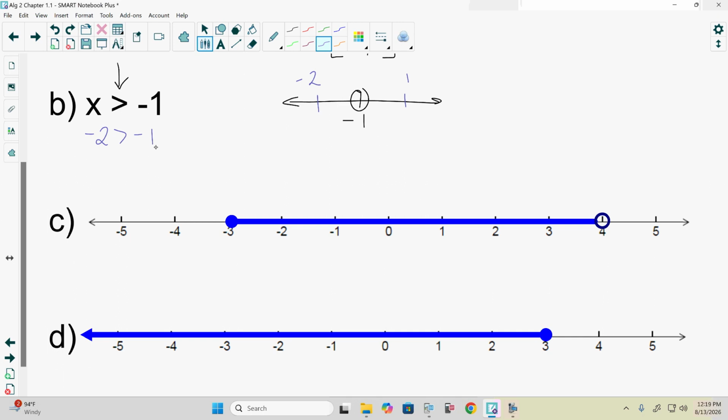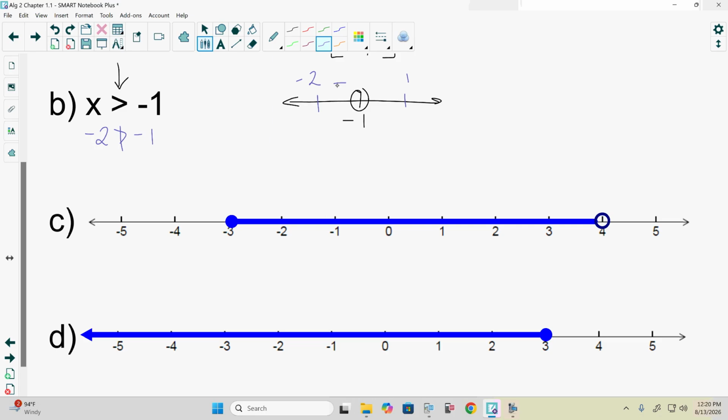No, this is not true. This is a false statement, yes? Because any place that we shade should be a true statement. Any part of the line that is not included should not be shaded. So because -2 does not give us a true statement, it should not be shaded.